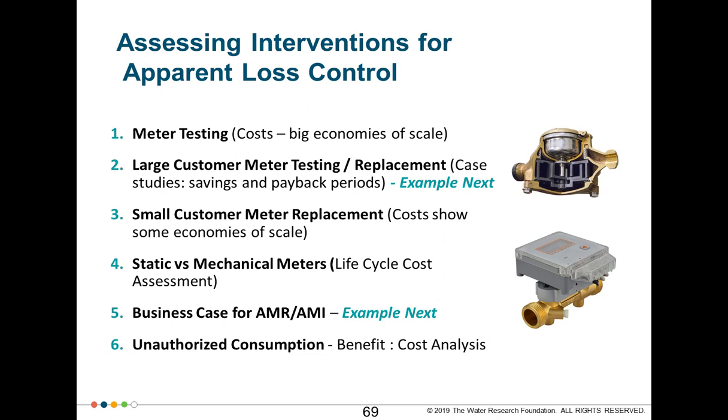I'll give you some more information shortly. Small customer meter replacement programs. And then an example, which is actually a combination of static versus mechanical meters and business case for AMR, AMI. And then a section in the manual on authorized consumption.